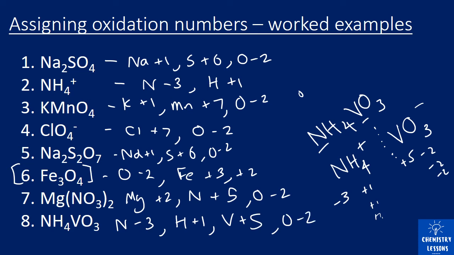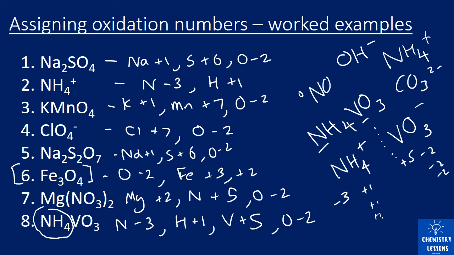So it's been able to recognize those common ions as well for this one. So for example, we've seen hydroxide. This was way back in week 1 of first year. Hydroxide, ammonium, you've got carbonate, CO3 2-, you've got nitrate, NO3-. Okay, so just remembering those common ions.